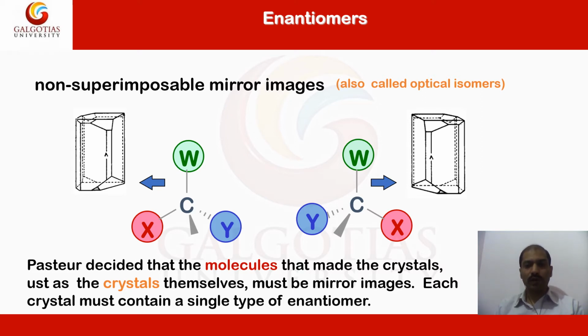There are a number of examples that will come once we discuss in detail in upcoming chapters, and then the chirality concept can be understood more properly, because chirality, or this type of non-superimposability in a molecule, is very important during chemical synthesis.